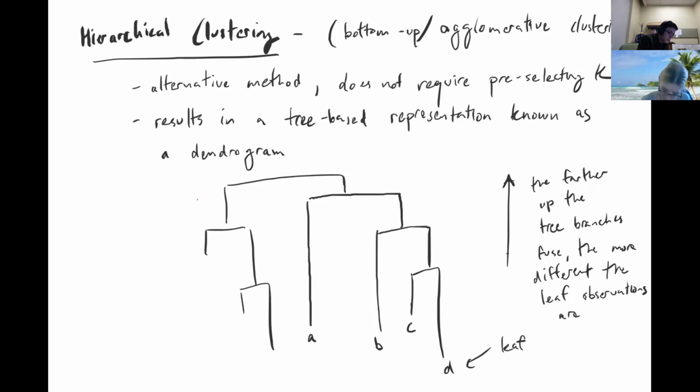So if I were to make a cut right here, this would give me 2 clusters. If I were to make a cut right here, this would give me 3 clusters.